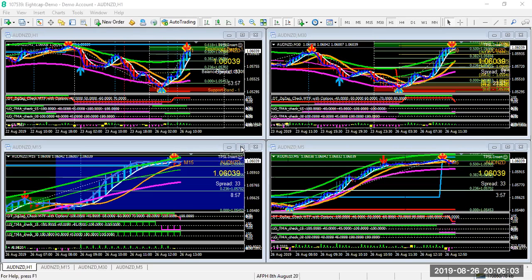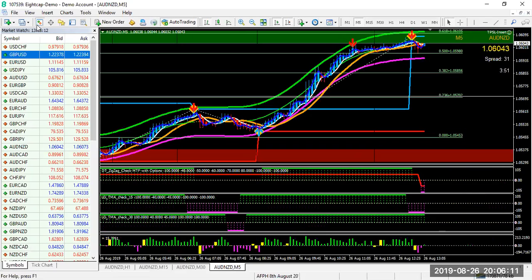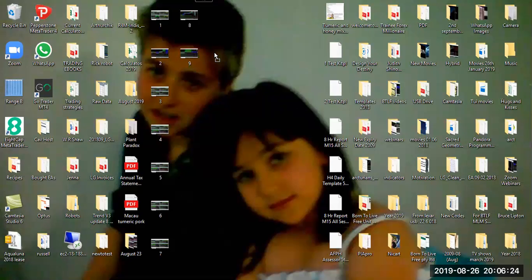Just a question from today. I'm just going to put on the pound Aussie because the question was related to pound Aussie. So I'll just bring up the M5 pound Aussie.